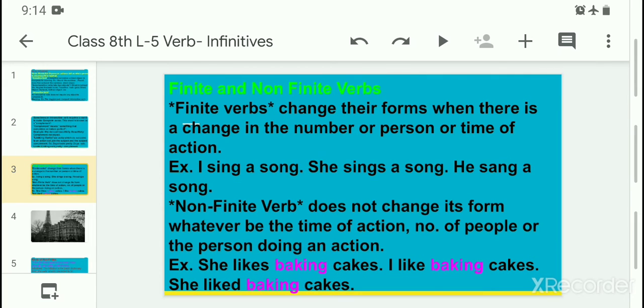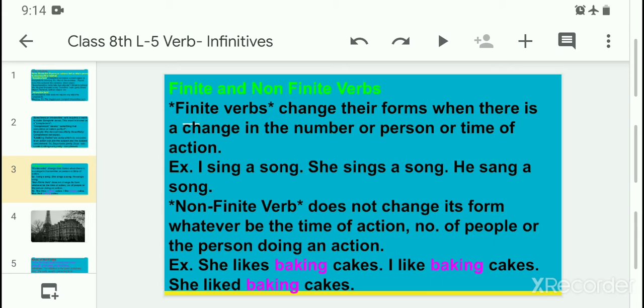Next topic is finite and non-finite verbs. ठीक है? Verbs can broadly be divided into finite and non-finite verbs. So what are the finite verbs here? Finite verbs change their forms when there is a change in number or person or time of action.